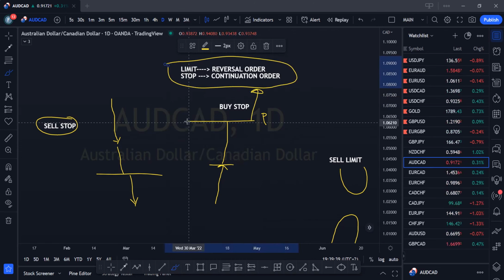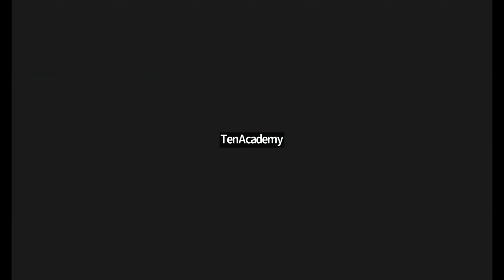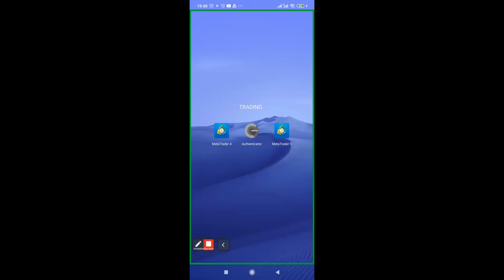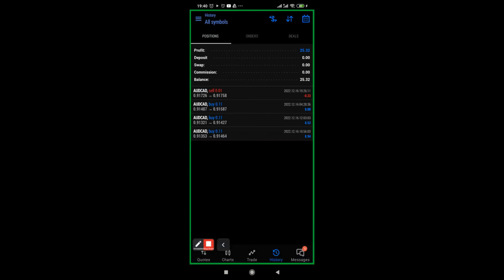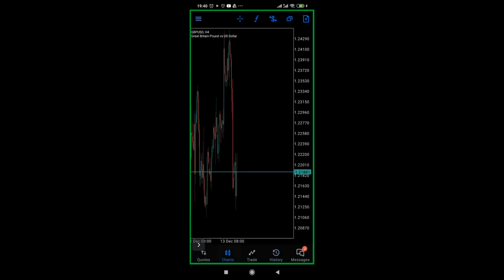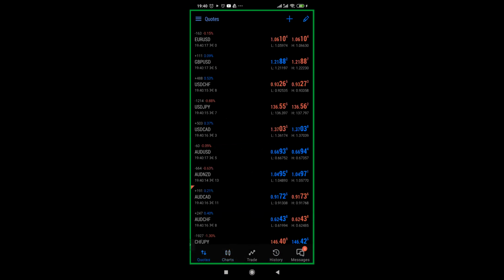Let us go back into our MetaTrader 5, and we're going to use each of these orders. We're going to set a sell limit order and then a sell stop order. I'm going to stop sharing this and share my MT5 on my mobile phone. Let's deal with AUD/CAD.